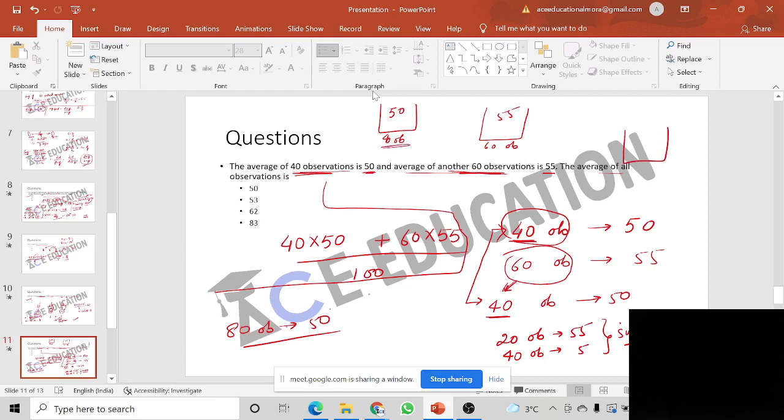I'll pour the entire 40 observations with 50, and I will select the same amount from this, so I again take 40 observations with 50 average. So when I pour both of these, it becomes 80 observations with 50 average. Nothing gets changed because every number is 50.